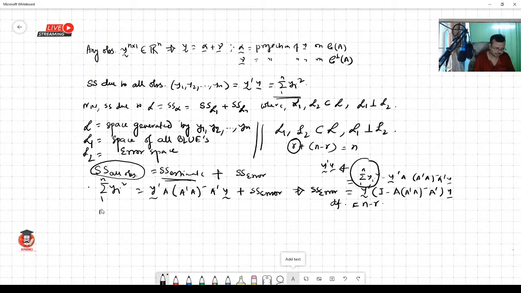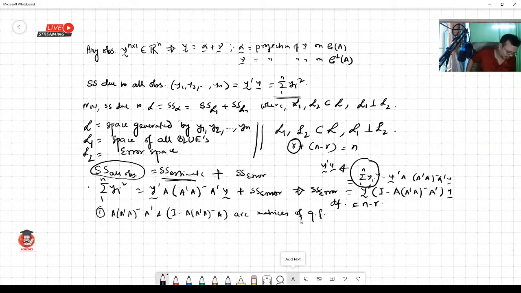Here we see that A G inverse A prime and I minus A G inverse A prime are both matrices of quadratic forms, QF in short, Q for quadratic, F for form.